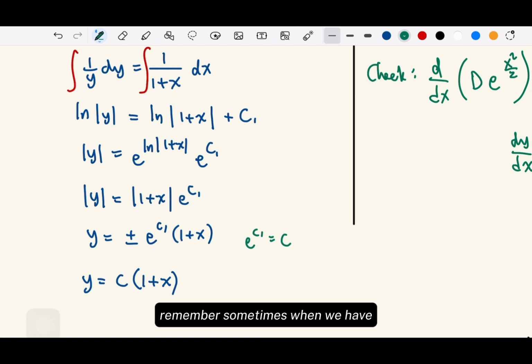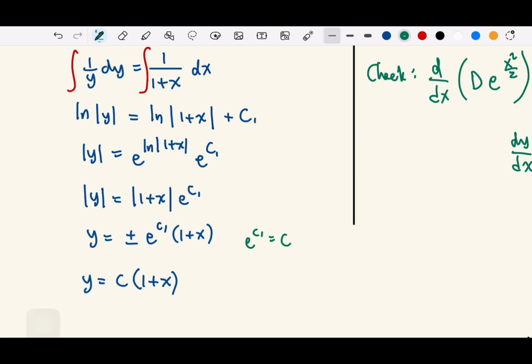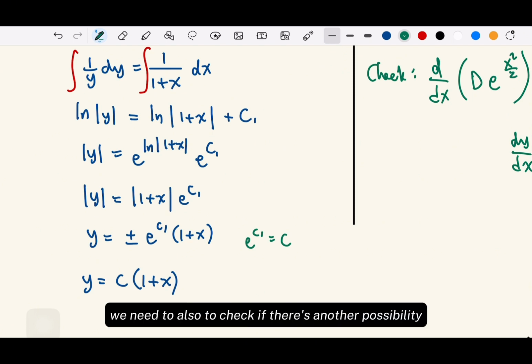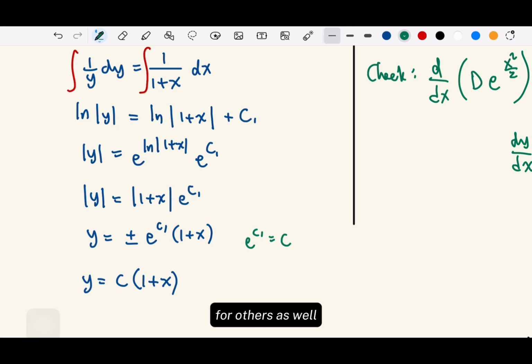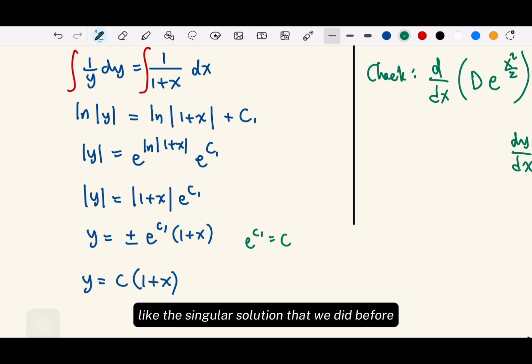But remember, sometimes when we have our solution, we also need to check if there's another possibility, like the singular solution that we did before. Sometimes we need to check.